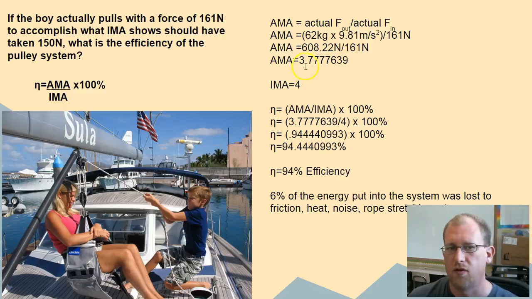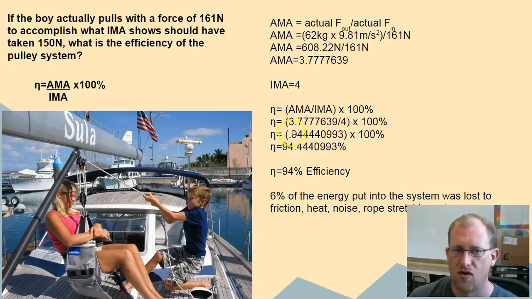The actual mechanical advantage is 3.777639, and the ideal is 4, so we need to compare these two. Eta equals the actual mechanical advantage divided by the ideal times 100%.